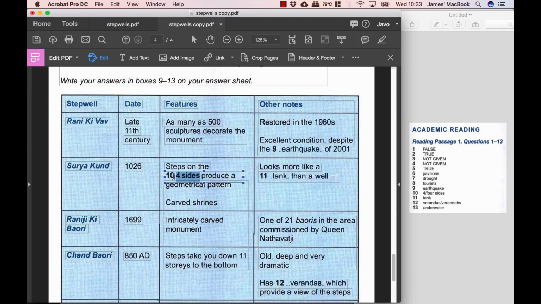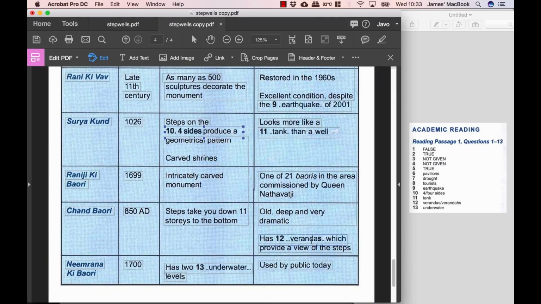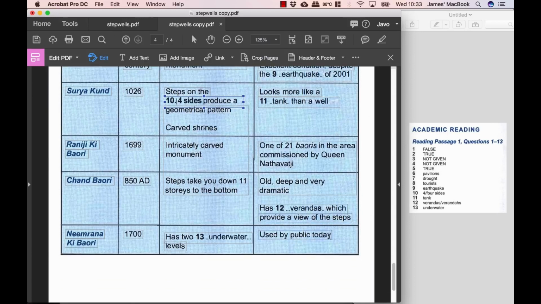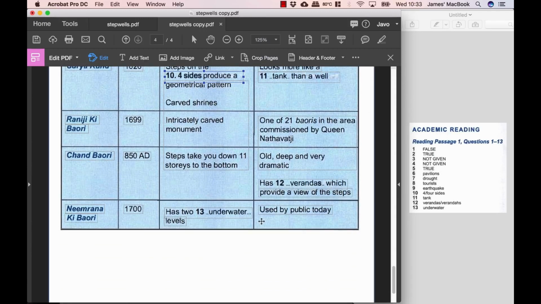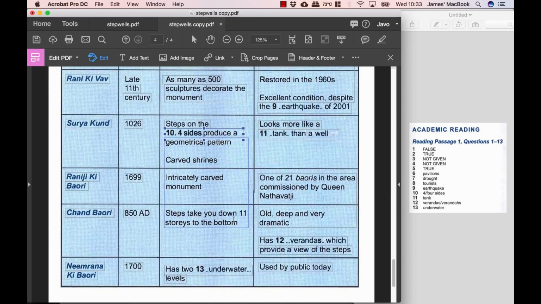Also we can see it. That's not part of the answer, number 10. Okay, number 11 is a tank. Then we've got veranda, spelt with an H sometimes as well. That's acceptable, but must have an S at the end. And then underwater is correct. So that's 2 incorrect answers, and there's 1 point per correct answer. That's 38 out of 40.